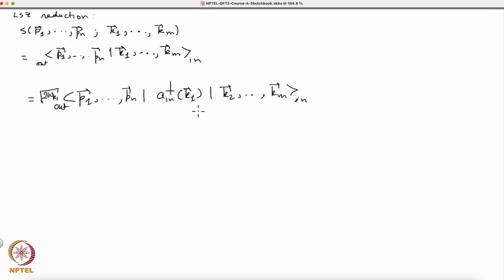What I'm saying is that if you take the state with labels K2 to Km and act with A in dagger K1, that will insert the label K1 in the in state. Of course, you have this normalization, and this is what you had in the previous line. So these two are equal.